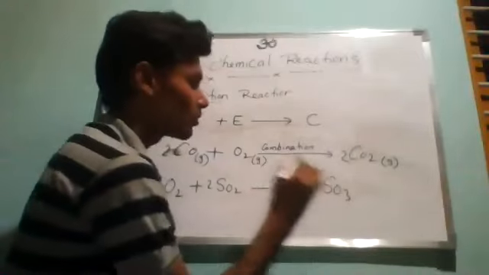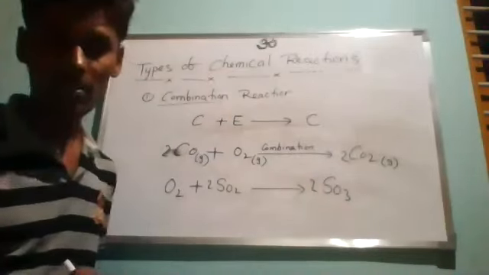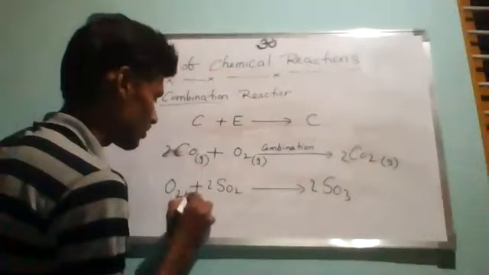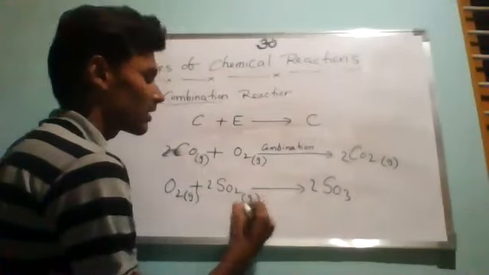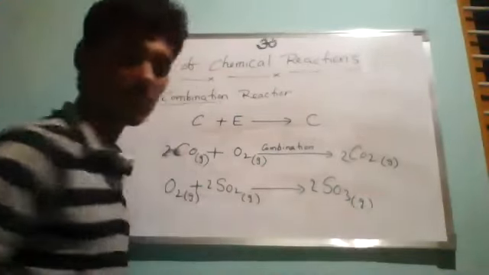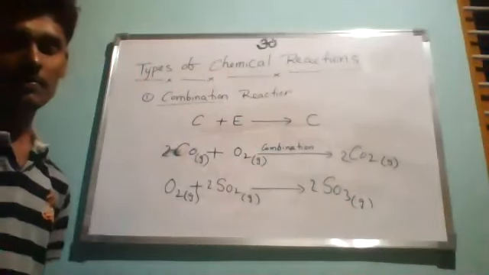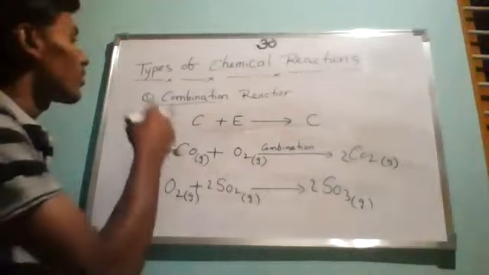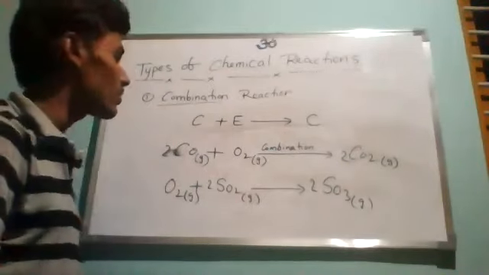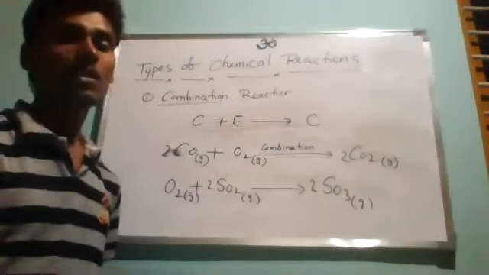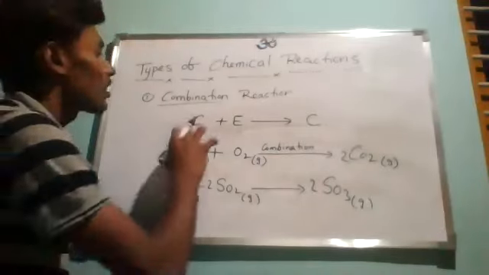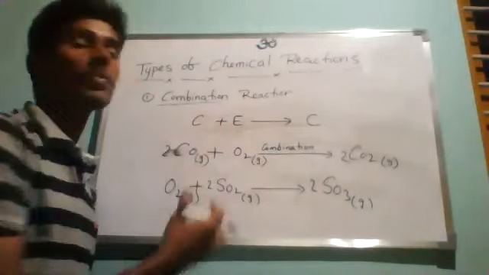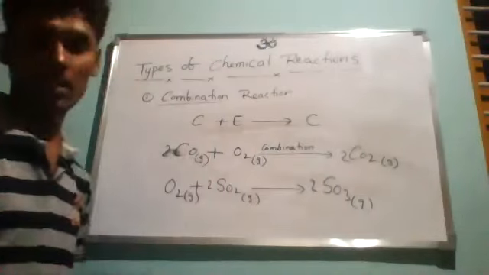If I keep 2, then everything is balanced, and all the states are gaseous. So these are the different types of combination reactions, with examples for element plus element, compound plus compound, and compound plus element or element plus compound.